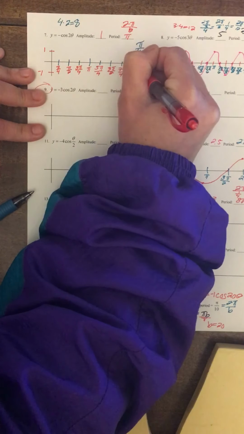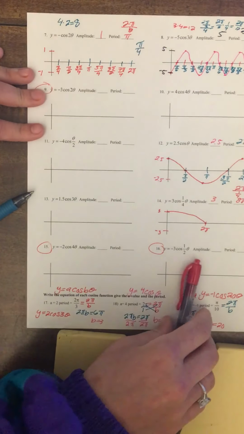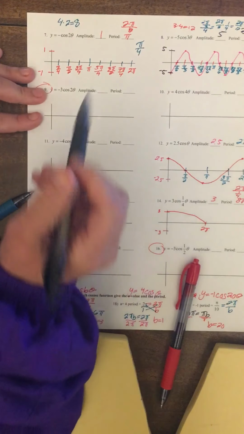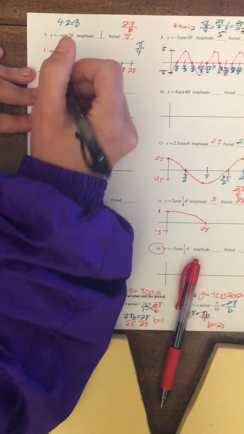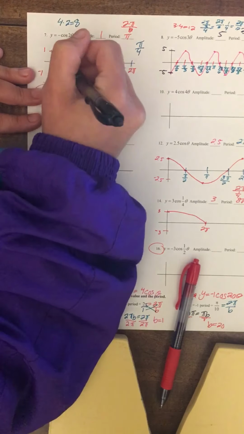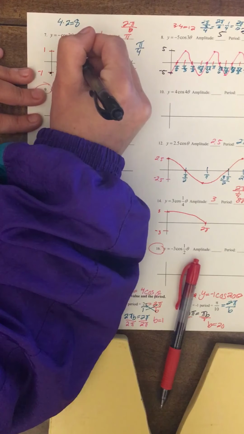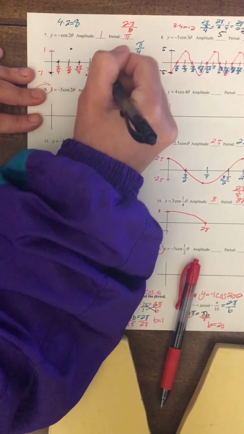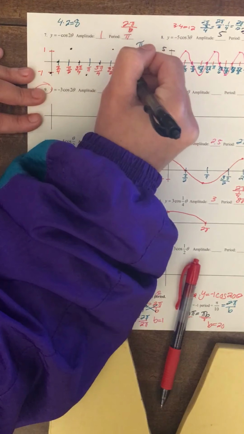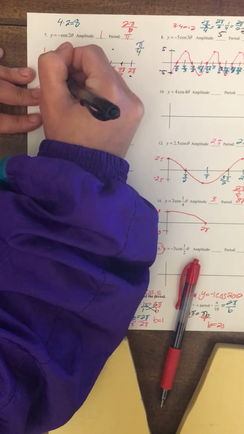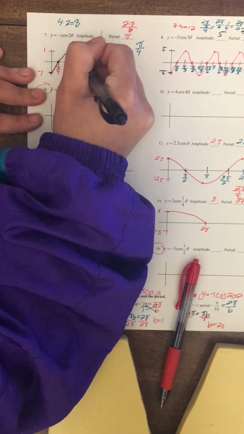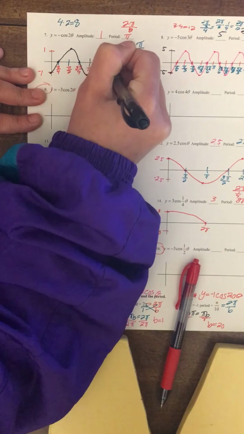And 8 pi over 4, which is 2 pi. Next thing we're going to do is, since it's negative, we're starting at the bottom. So bottom, middle, top, middle, bottom, middle, top, middle, bottom. And then we can just sketch this graph.